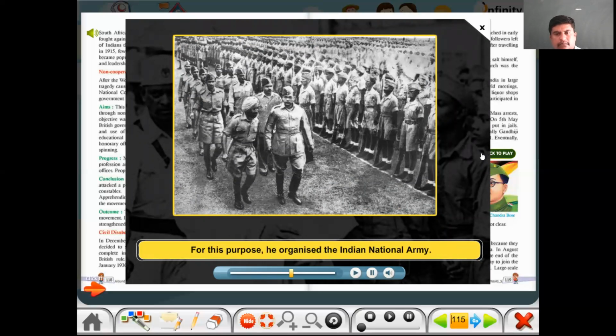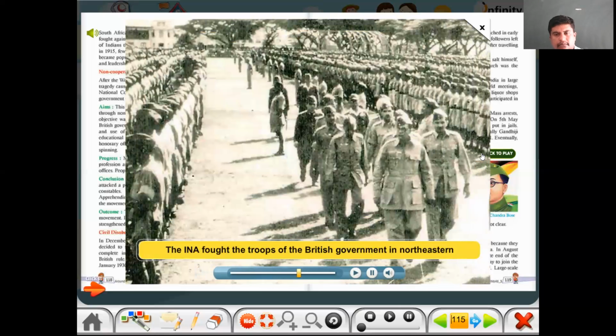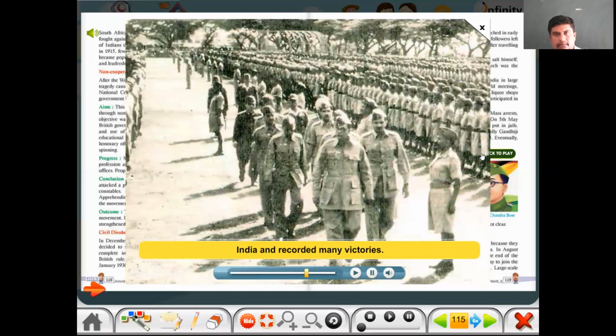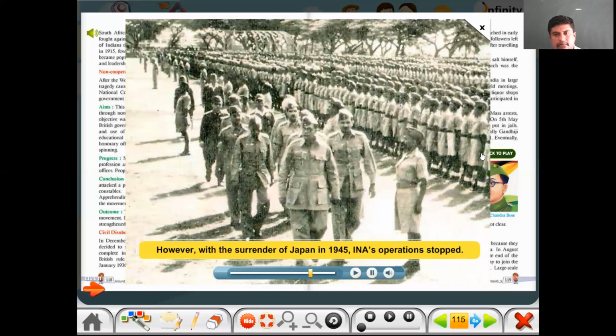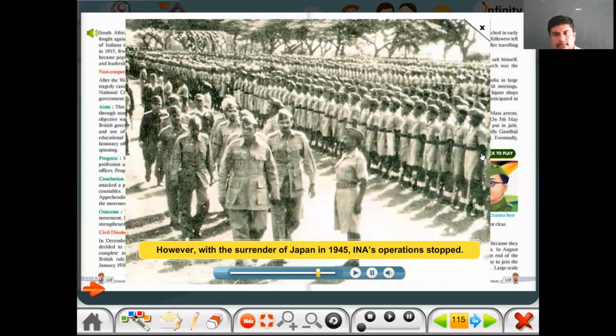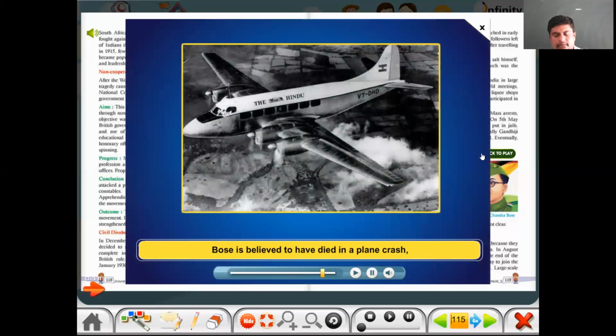For this purpose, he organized the Indian National Army. The INA fought the troops of the British government in northeastern India and recorded many victories. However, with the surrender of Japan in 1945, INA's operations stopped. Bose is believed to have died in a plane crash, but the circumstances of his death are not clear.